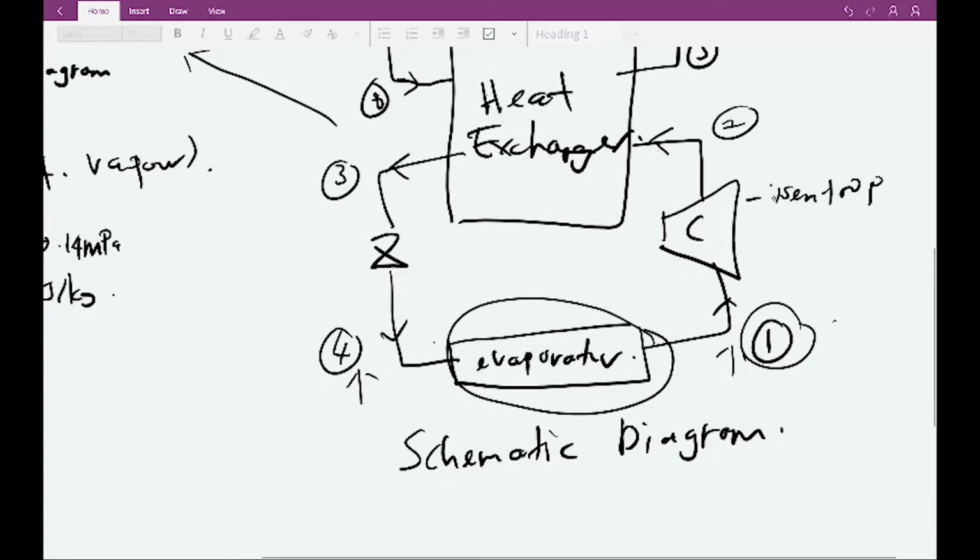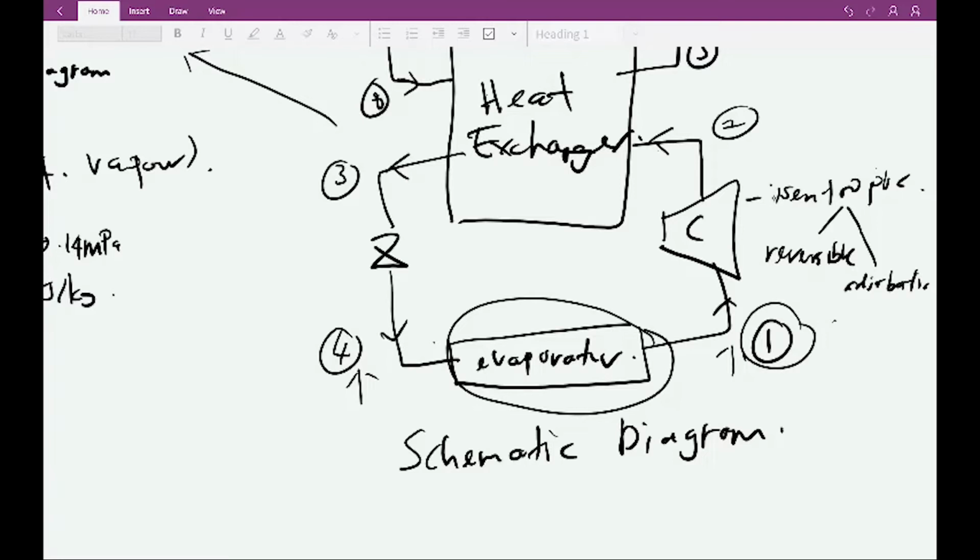So you must know what is isentropic. It's a combination of reversible process and also adiabatic. Otherwise, it's not an ideal vapor compression cycle.